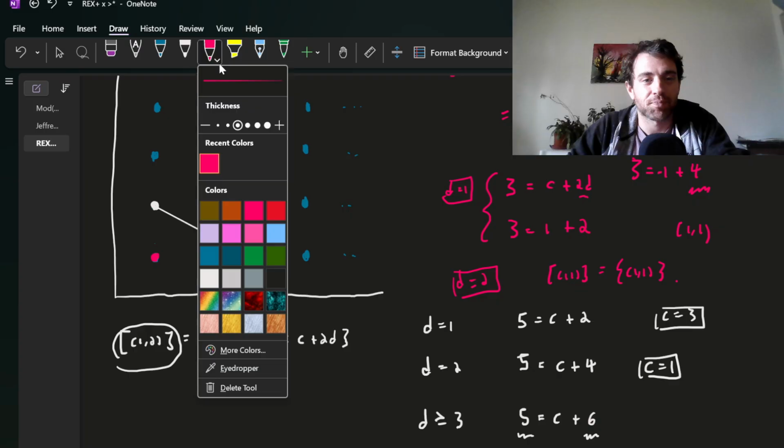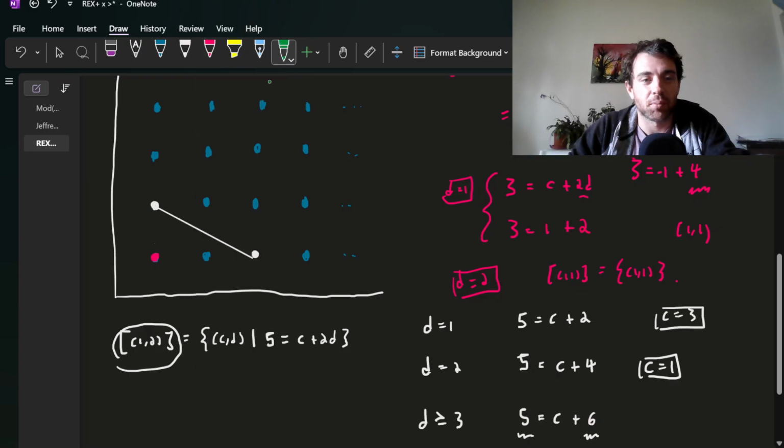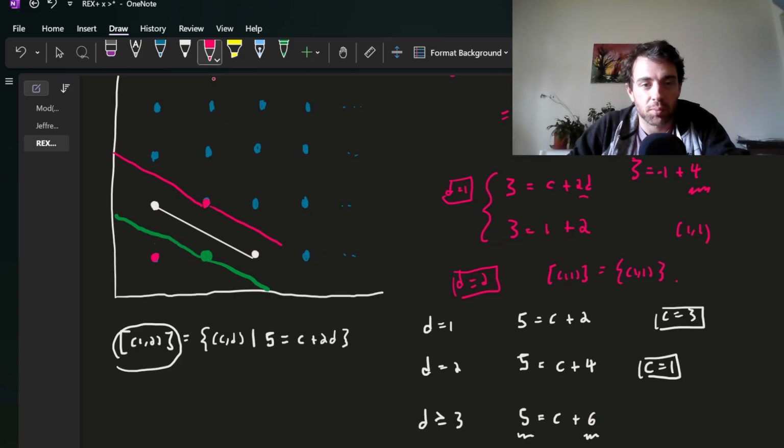But okay, give me a moment here to just draw some lines. And the point is, if you draw out all of these equivalence classes, you can see that these points are, like I said, exactly the ones that are on these sets of parallel lines. So give me a moment here.